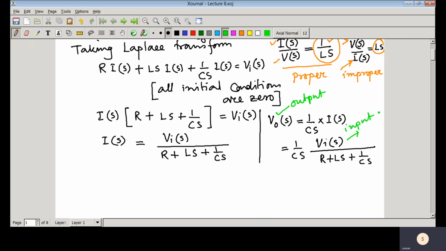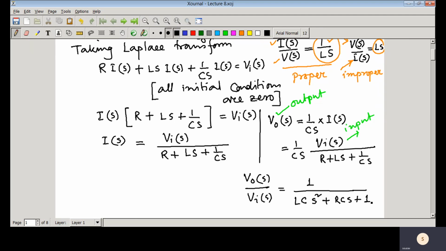In our input output form, V0(s) by Vi(s), if you simplify it, the Cs will be cancelled out, so that is 1 by LCs squared plus RCs plus 1.